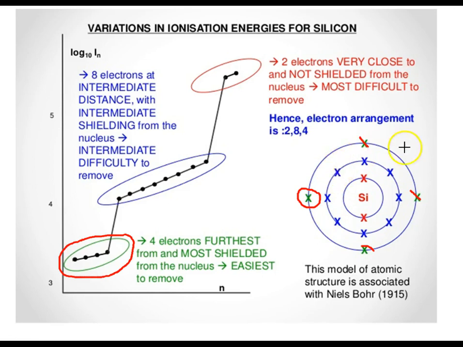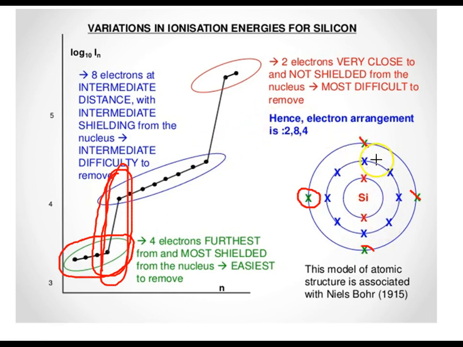Notice, though, when we get rid of those 4 and we try to remove a 5th, notice this huge jump right here. This huge jump is indicating to us that we're going closer to the nucleus, that we're on a different shell. And then we see, once we get to that shell, those are similar, still increasing, but still similar in their ionization energy because they're all coming from the same row.